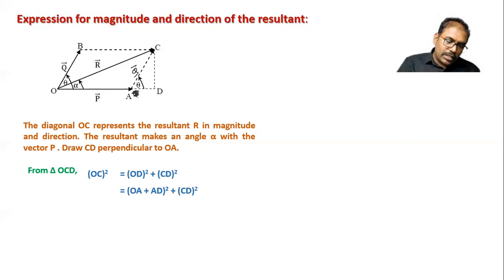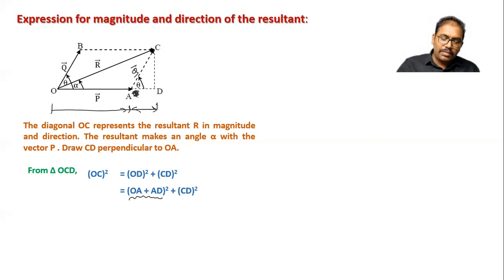Now this side OA and AD, the addition of these two sides is OD. So OA and AD I have written here. OD square, so (OA plus AD) whole square.